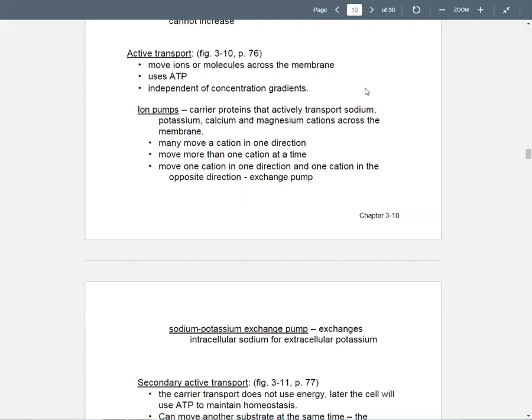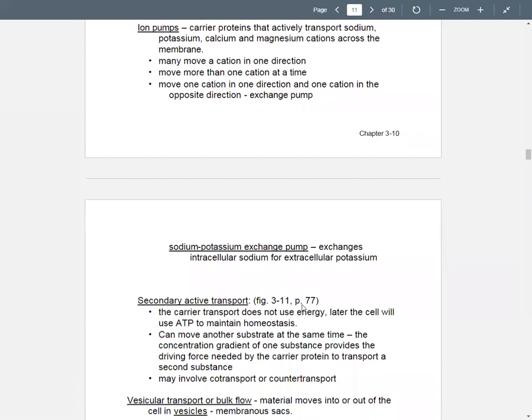So you have an exchange pump where you move a cation in one direction and then another cation in the other direction. An example of that is the sodium-potassium pump. Exchange sodium inside the cell for potassium outside the cell. And in your notes in lab, you should have a picture of the sodium-potassium pump.